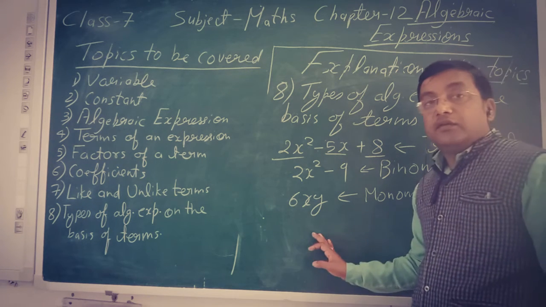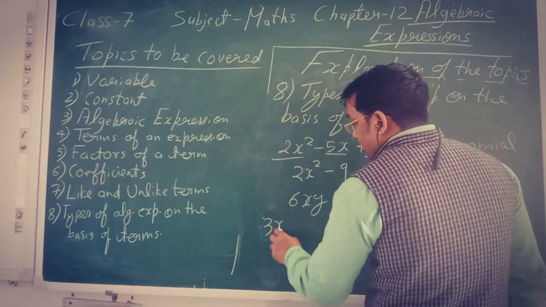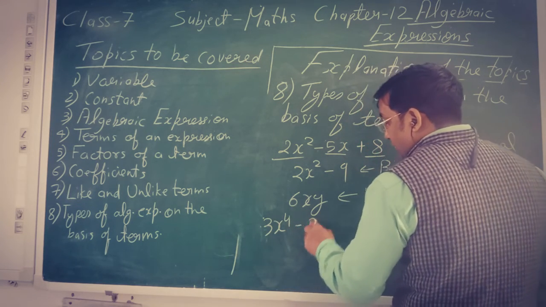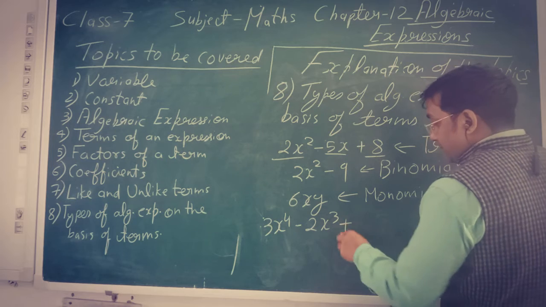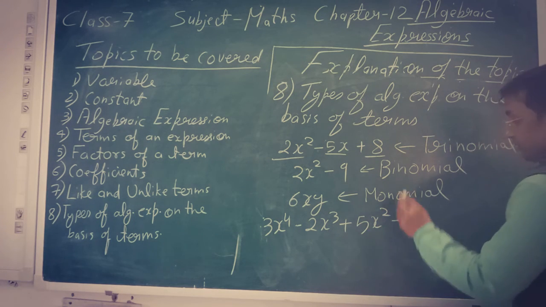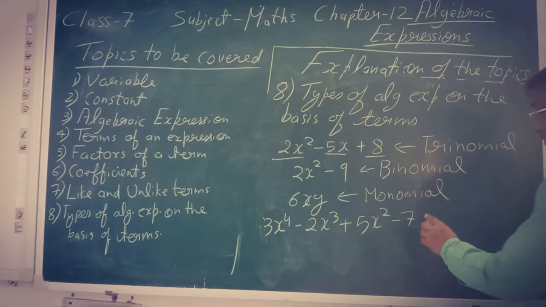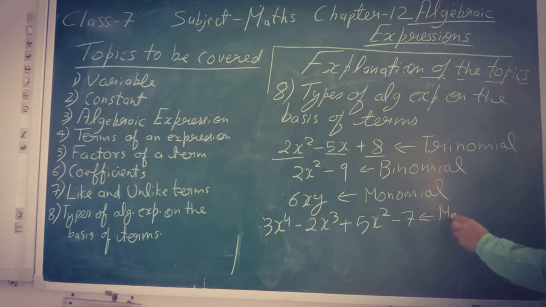And if it has more than three terms, for example, 3x to the power 4 minus 2x to the power 3 plus 5x to the power 2 minus 7, now this has four terms, 1, 2, 3, 4. This is called multinomial.